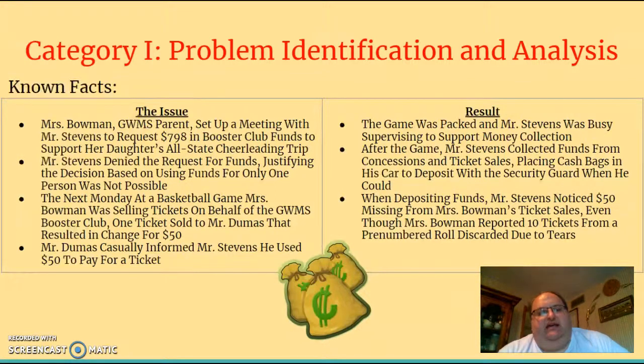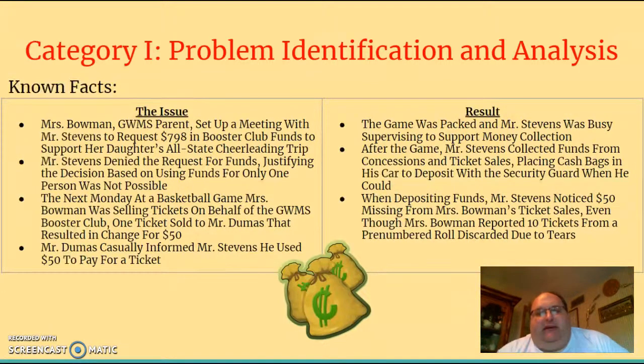He did speak with Mr. Stevens as he came into the game, and at that point, Mr. Dumas talked about how he had just cashed his check from his workplace and had to use a $50 bill. And so Mr. Stevens commented that he didn't mind the $50. We would take whatever you had, as long as you came to support.